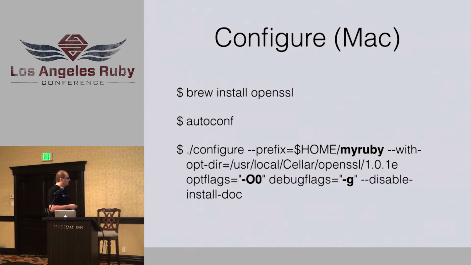And the last step is running this configure utility, where we specify the prefix, and we set it to my Ruby in your home folder. This is where your Ruby from scratch will be installed. Then you specify the optimization flag with 0. We pretty much disable optimization, because if you want to hack and explore Ruby source code and compile binaries, that makes debugging easier.